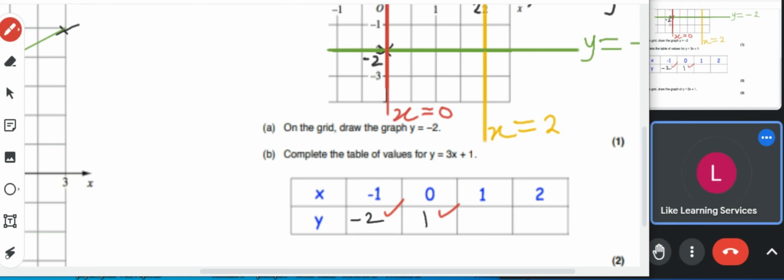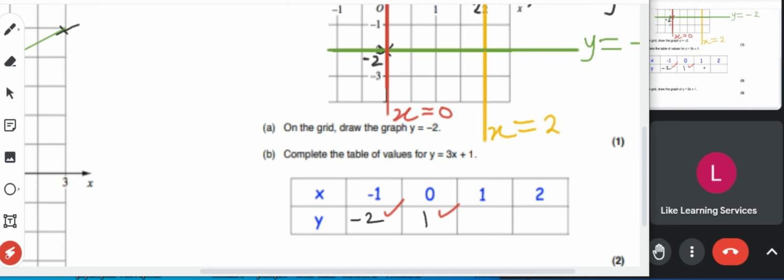When x is 1, what will it be? Oh, oops. I was looking at the wrong question.